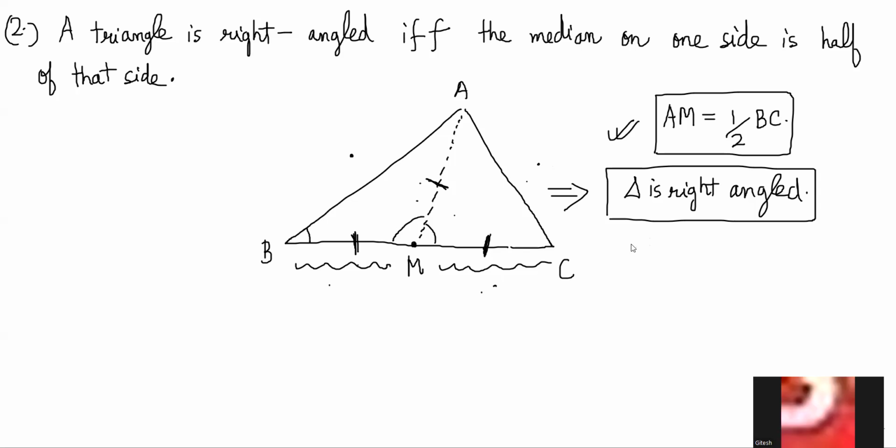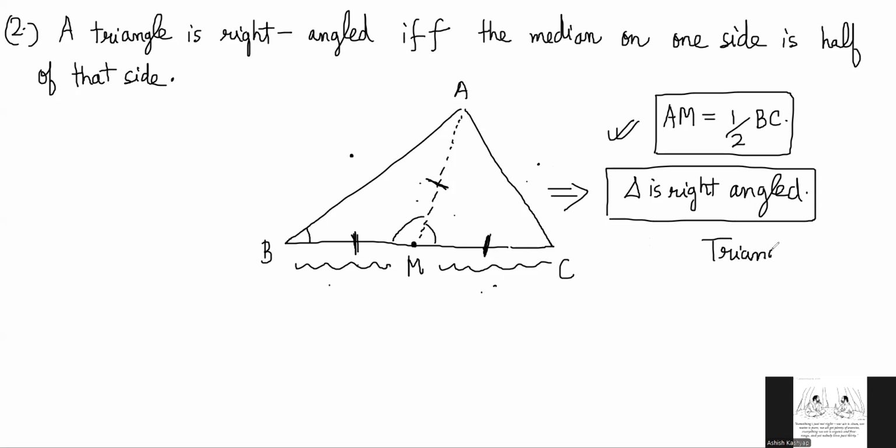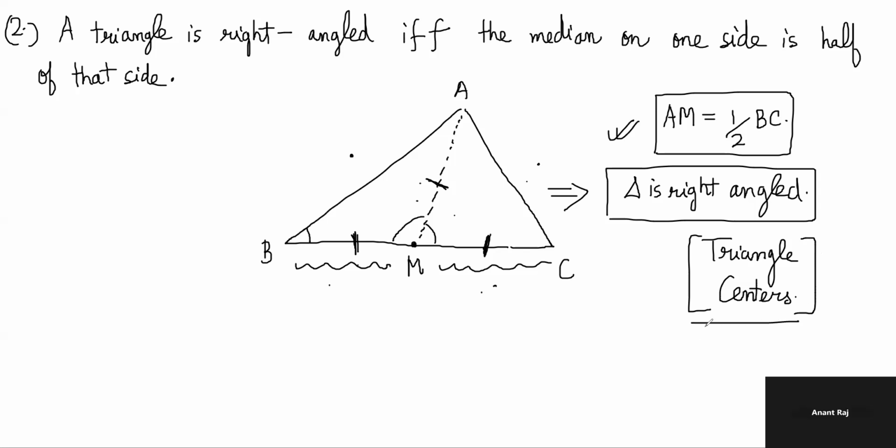Yes, sir. Think in terms of triangle centers. You know what I mean by triangle centers? It is a property of a circle. Circumcenter. Right. What is special about this point M? It is equal from all 3 points of the triangle.